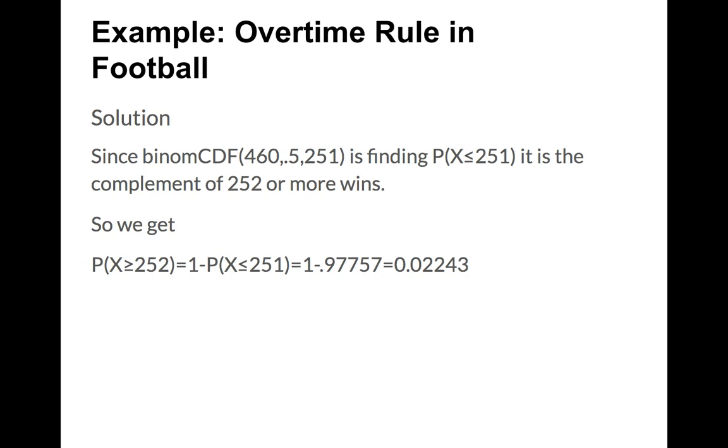0.02243. Now, what that tells me is that the probability of getting 252 wins or more is less than or equal to 0.05. So what that means is that that is an unusually or significantly high result.